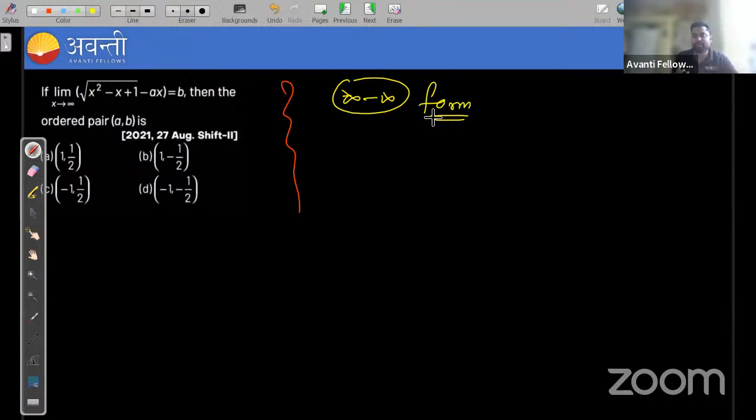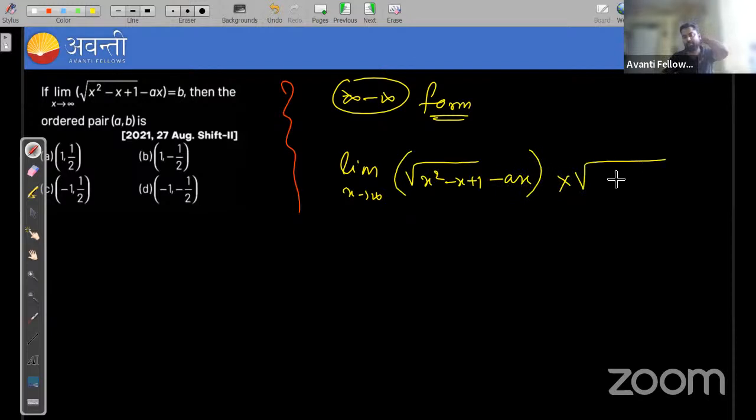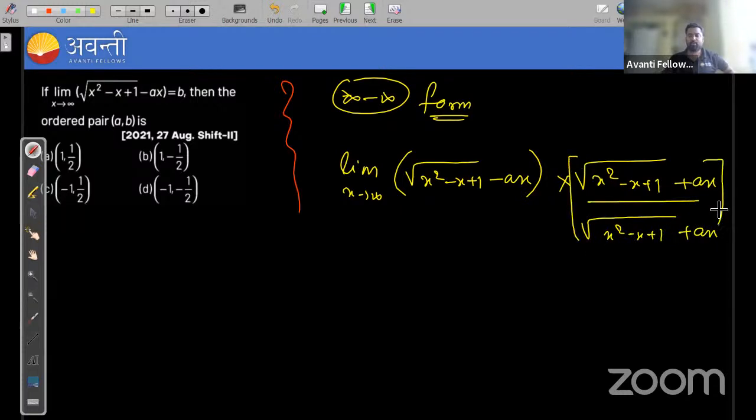And this is given as b, right? So simply what I'm saying, the limit is given as limit extending to infinity of root of x square minus x plus 1 minus ax. Just rationalize it. If you rationalize it, multiply by root of x square minus x plus 1 plus ax divided by the same, which is given as b.